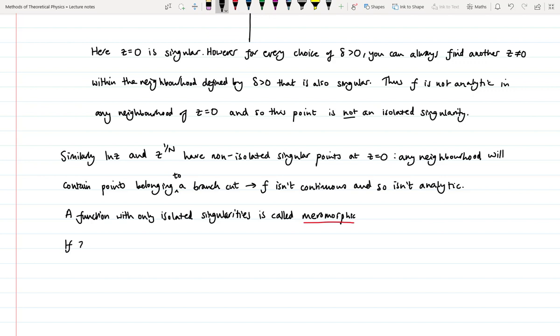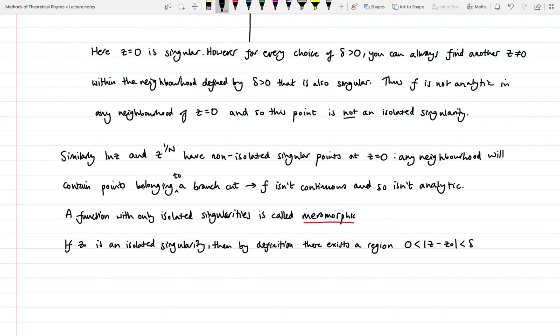We say that if z0 is an isolated singularity, then by definition there exists a region defined by this inequality, and this is precisely the neighbourhood that we drew in the picture earlier, and this is a region of analyticity of the function. And in fact, this is an annulus of analyticity.